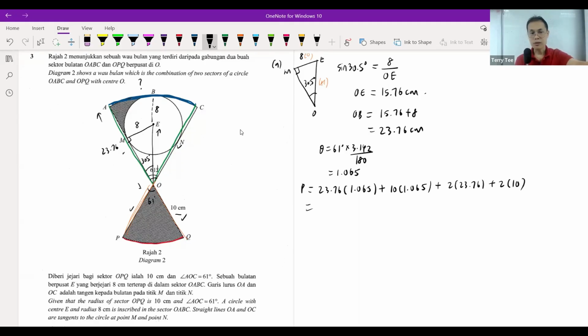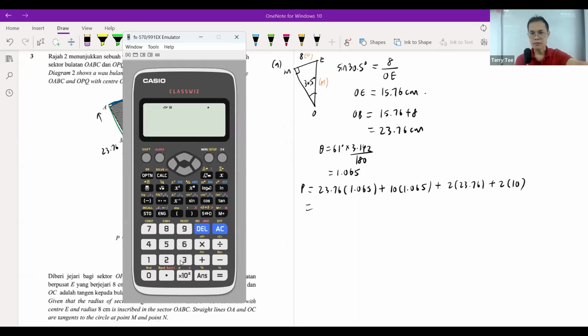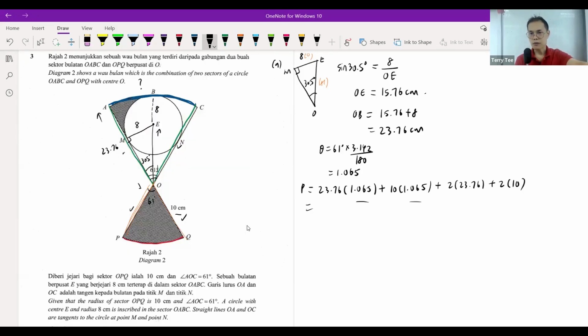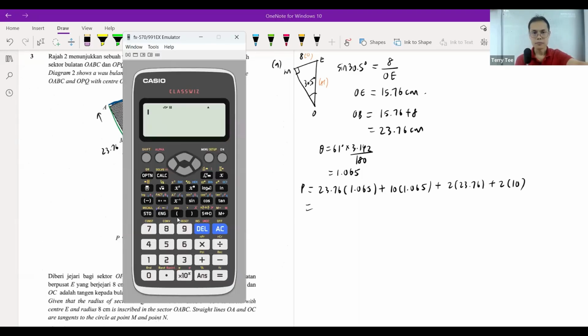Now, you can type one by one, but I think you can actually factorize this, right? The 23.76 and the 1.065, you can just take it out, right? So I take it out. I would take 23.76 plus 10 is 33.76 times 1.065. If not, you can type in one by one, plus 2 of 23.76 plus 2 of 10 again.